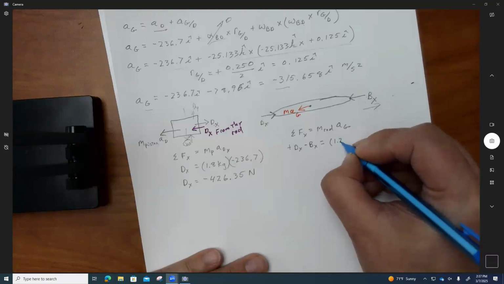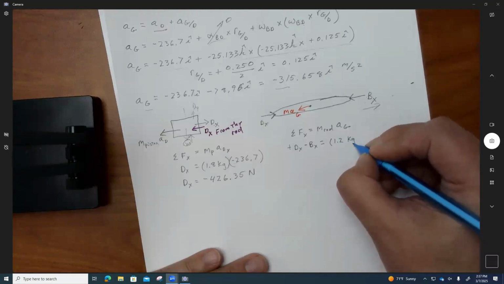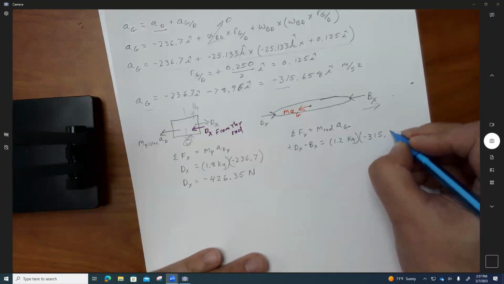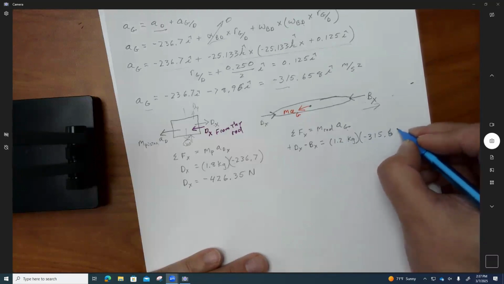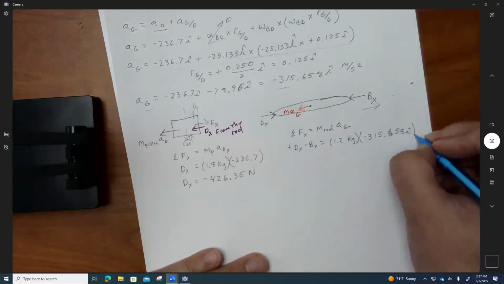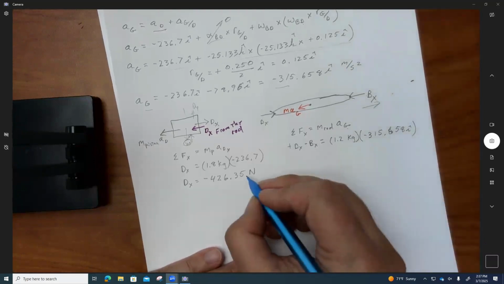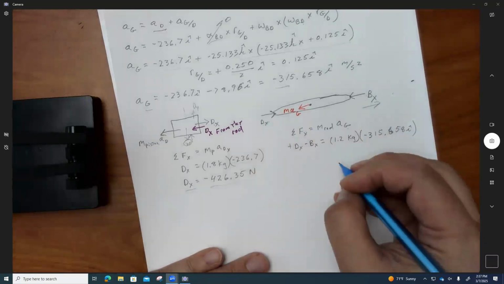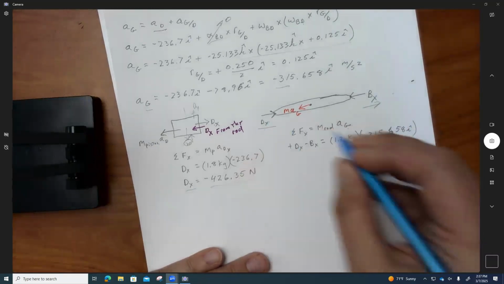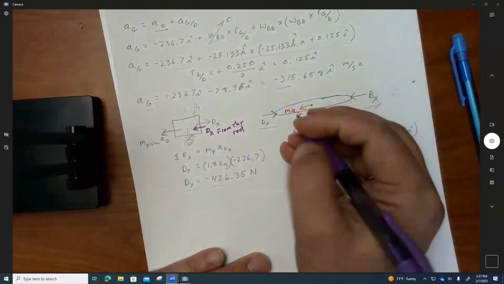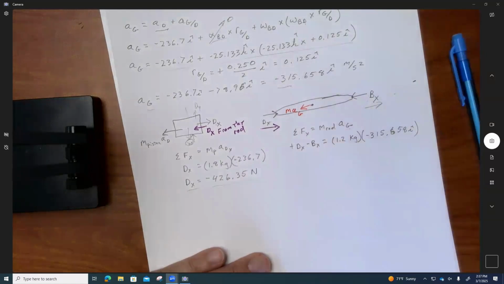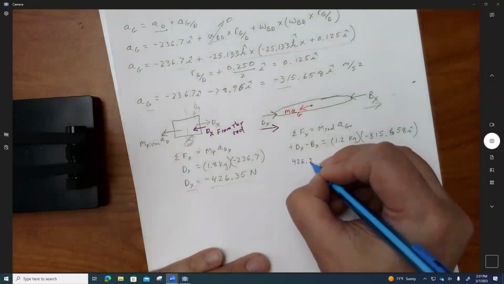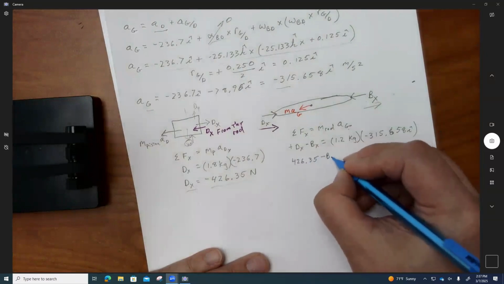The mass of the rod is 1.2 kilograms. The acceleration of the center of gravity of the rod is minus 315.658 i. And if I put my Dx value into here, so Dx I know now has to be going to the right, this is set 426.35 minus Bx.